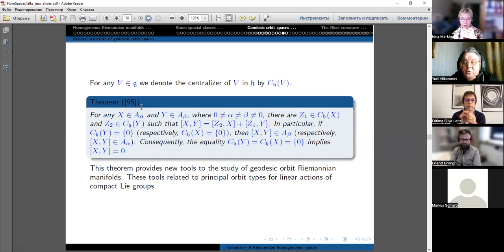Sorry for typos. These tools are related to principal orbit types for linear actions of compact Lie groups, because we deal with the compact Lie group H, which is the isotropy group, and we consider the action on the eigenspace, or in other words, on the model P. Hence, we can apply very serious representation theory to get some results in our cases.